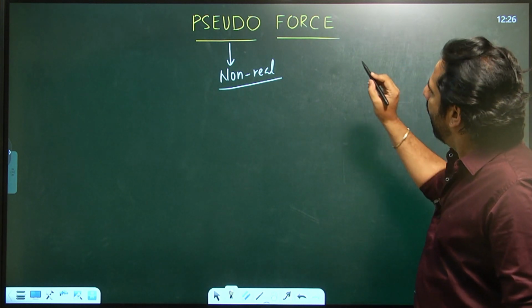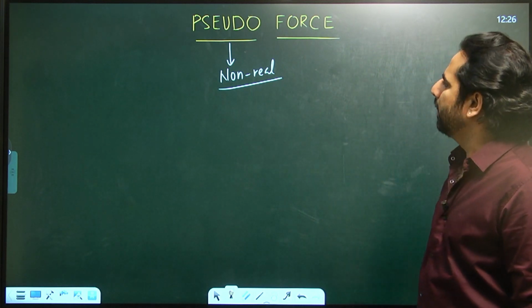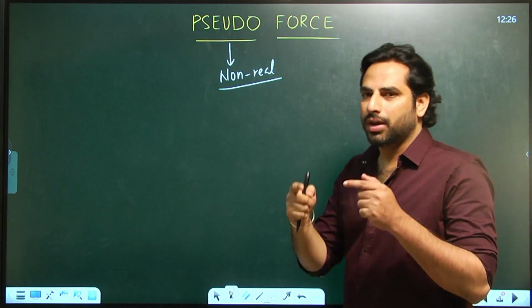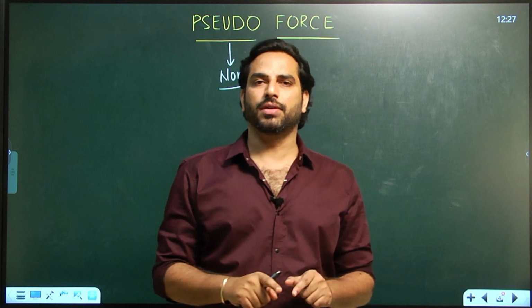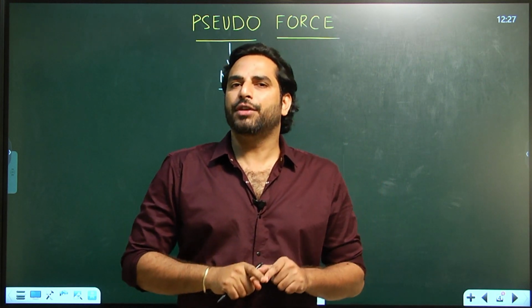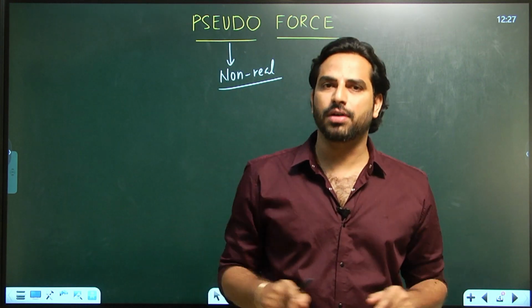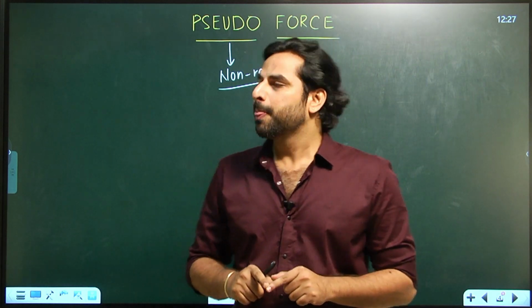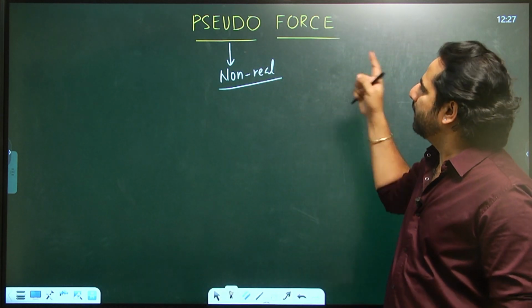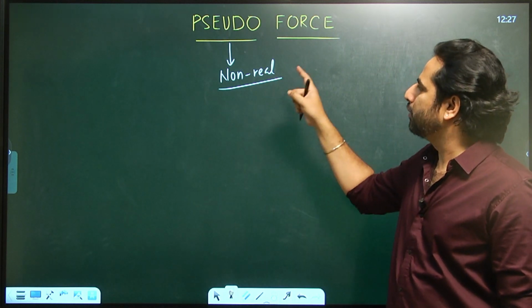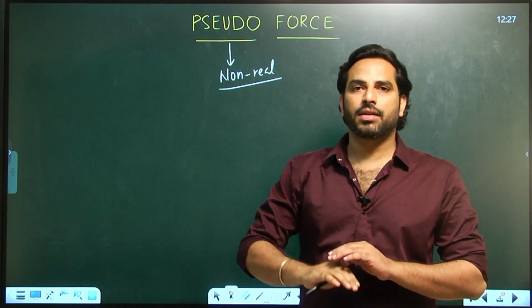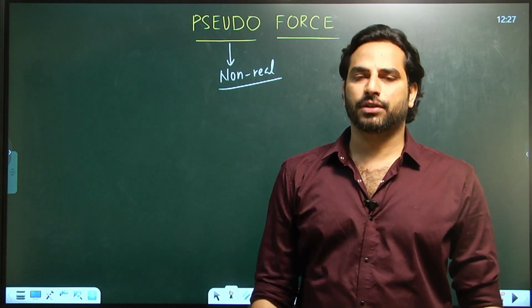So the idea of pseudo force is that whenever you are working from a non-inertial frame of reference, apart from all the real forces that you observe, you must also apply an extra imaginary force, extra non-real force, or the pseudo force on the system. Then you are ready to apply Newton's first law or second law.